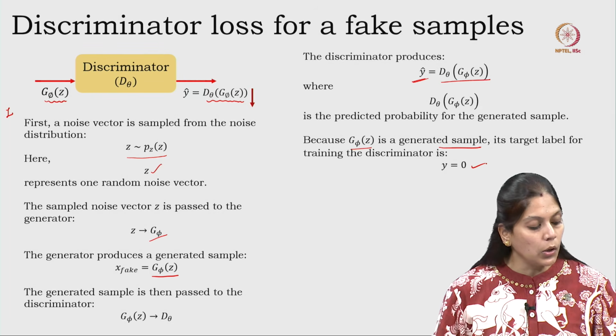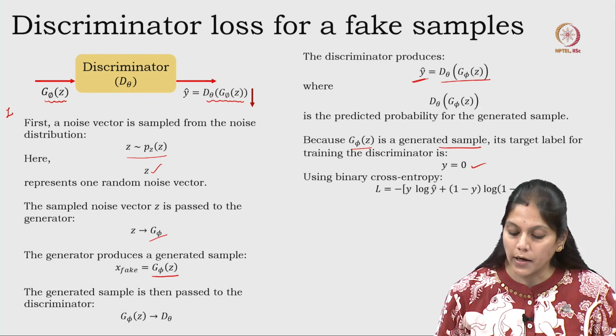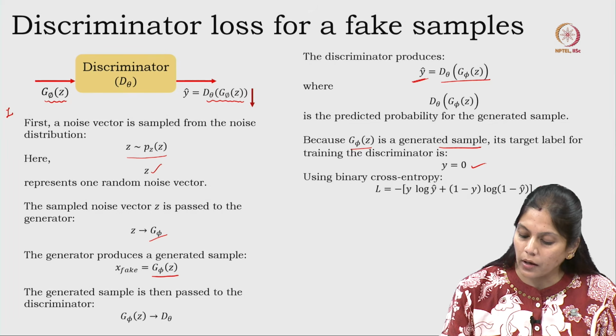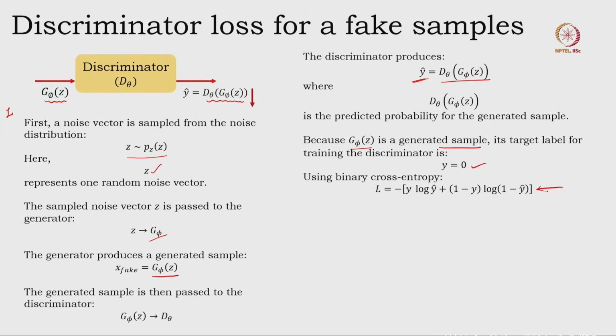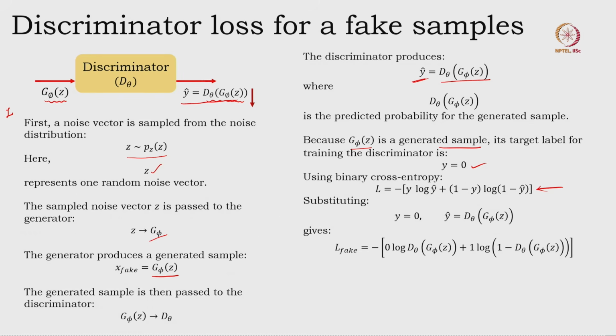Now, once again go back and take binary cross entropy. This is the binary cross entropy function. For this, you take y as 0, and y hat is the predicted value. Substituting y equal to 0 and this y hat value into the binary cross entropy, we get this.